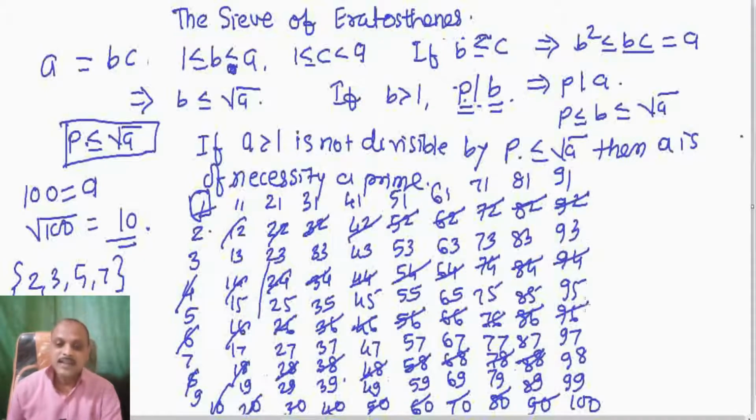Then next, cancel out all the numbers which are divisible by 3.